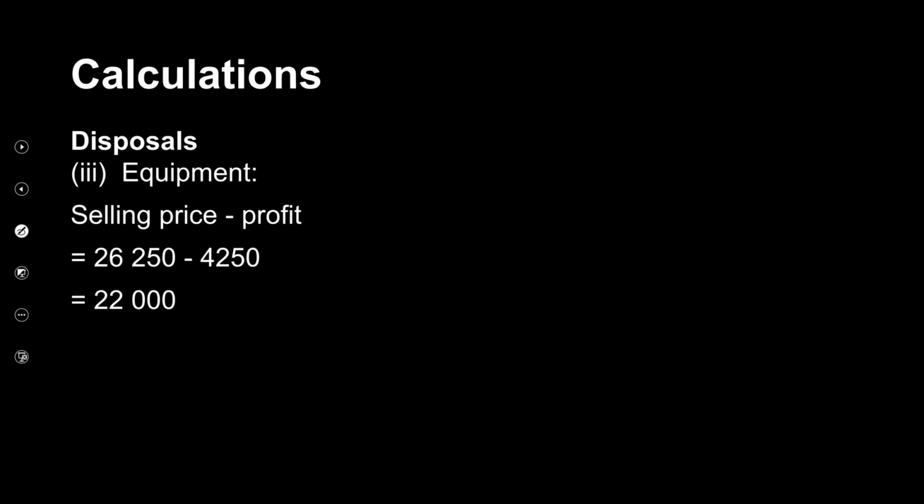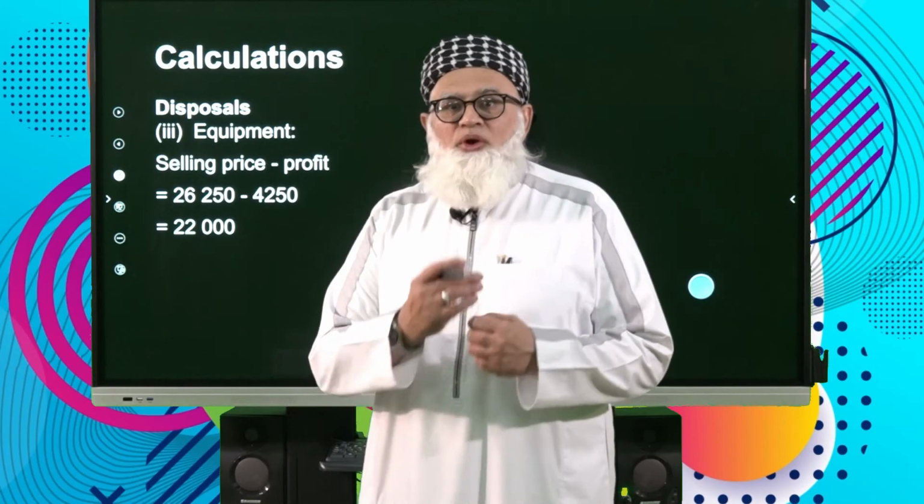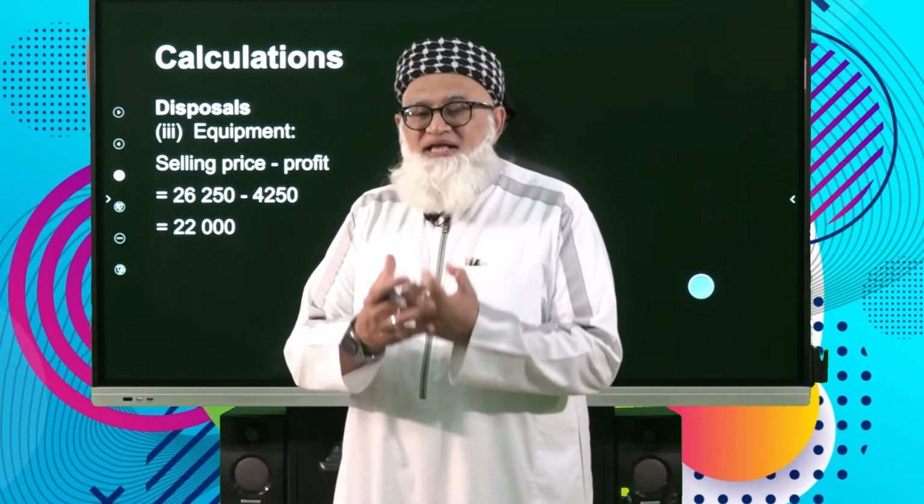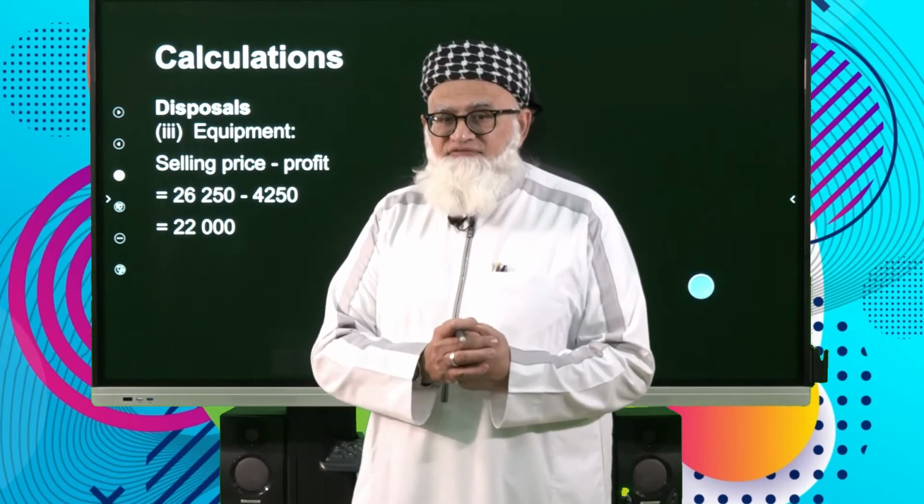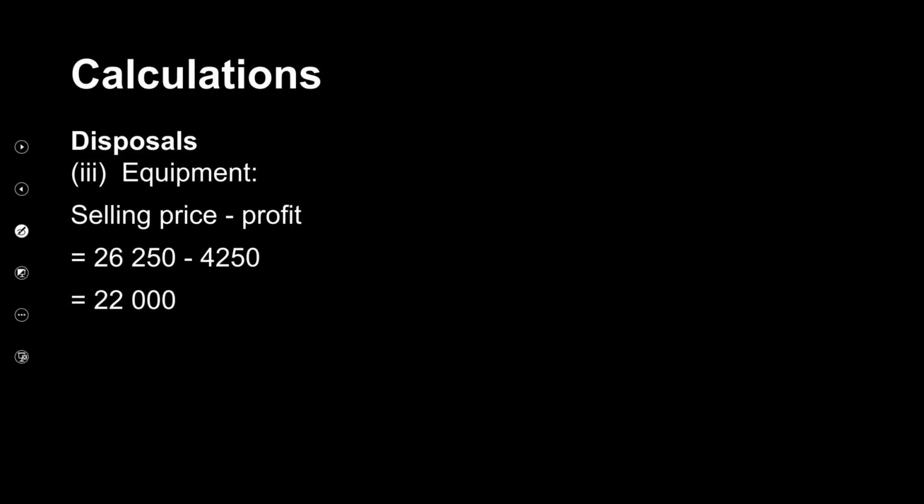Now, clearly you can see that, based on the information that you have, your selling price was 26,250, right? And you are told that you made a profit of 4,250. So clearly, the 22,000 Rand would be your disposal at carrying value.